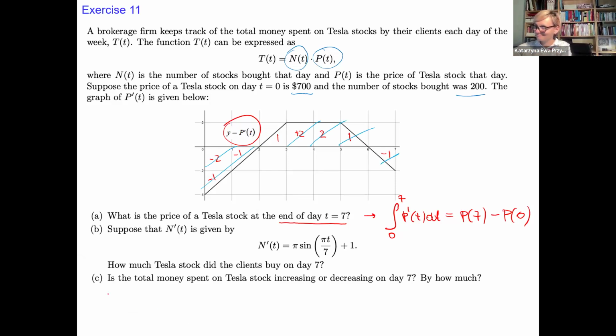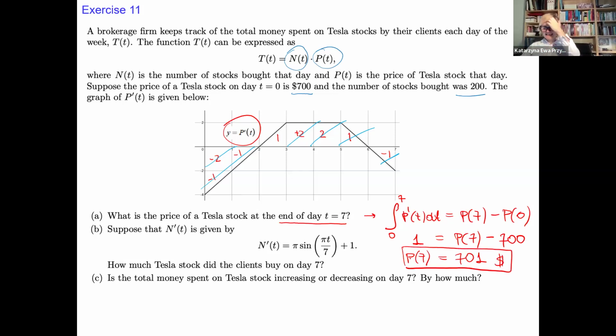Okay, 1. Right, that means this is 1. P at 7, the price at 7, and then this one was 700. That means the price at the end, exactly at 7, is $701. Okay, good. We have the answer A.